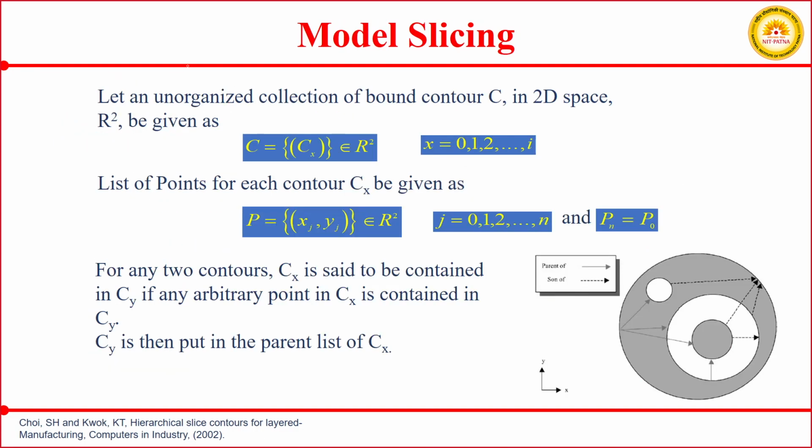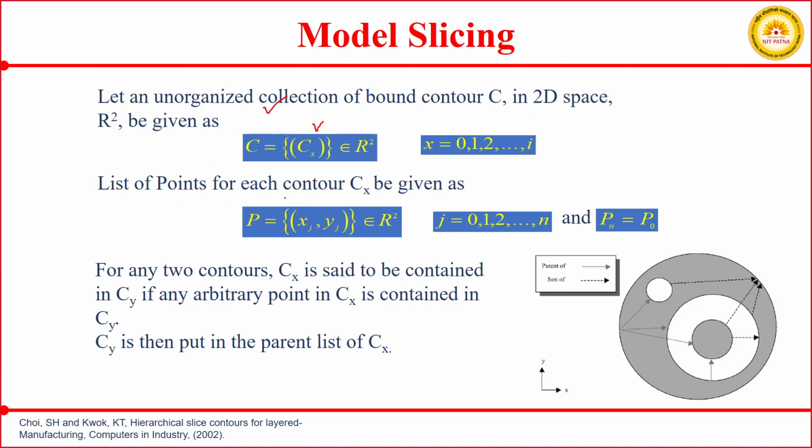But if there are multiple unorganized contours, call them a collection of bound contours C in 2D space. This may be given as C equal to Cx, for values x equal to 0, 1, 2, 3, 4 up to I.